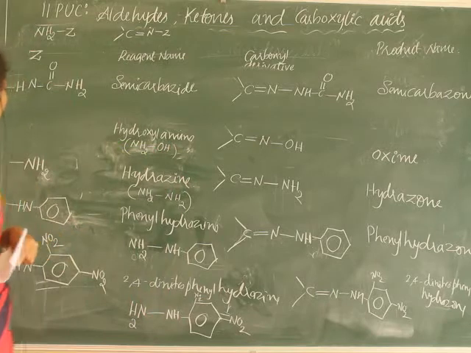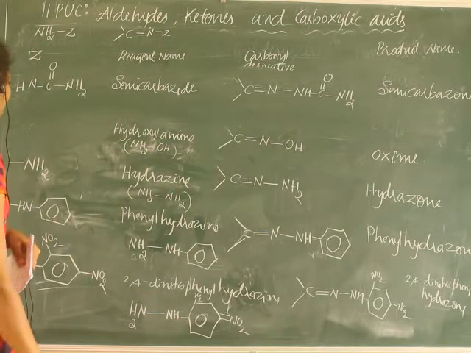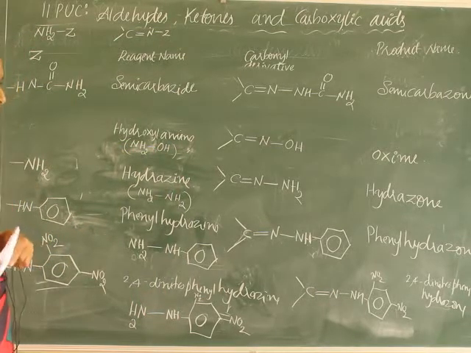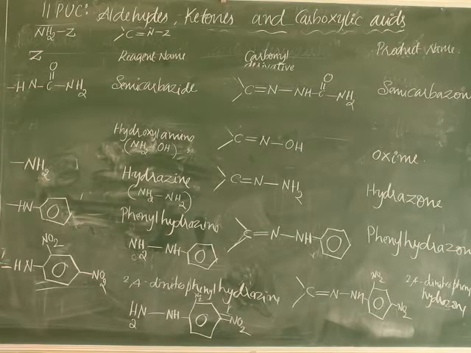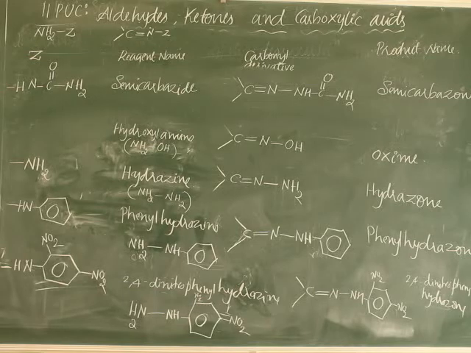Okay, first we studied ammonia, then amine, after that hydroxylamine, hydrazine, phenylhydrazine, 2,4 DNP test or 2,4-dinitrophenylhydrazine, and semicarbazide. These are very, very important from the exam point of view. Next is reduction.